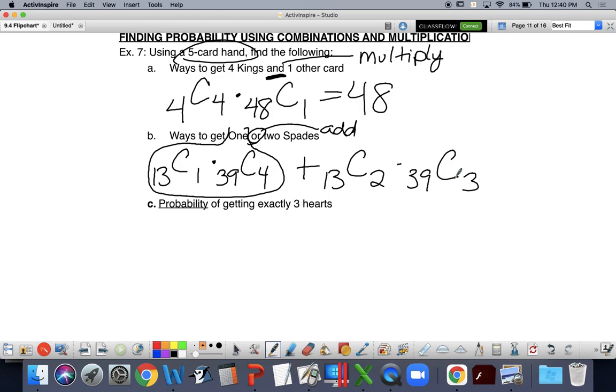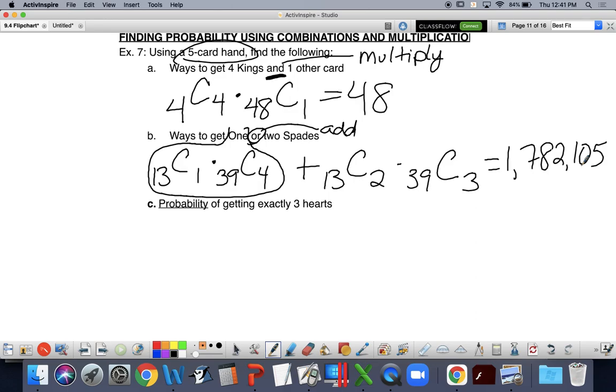If you've ever played any kind of card game, what are the chances you get a spade in your hand? It's actually pretty high. There's only four different suits, so it's a pretty good chance that I'm going to get a spade. This ends up being over 1.7 million different ways, because it's really not that weird to get a hand that has a spade in it.